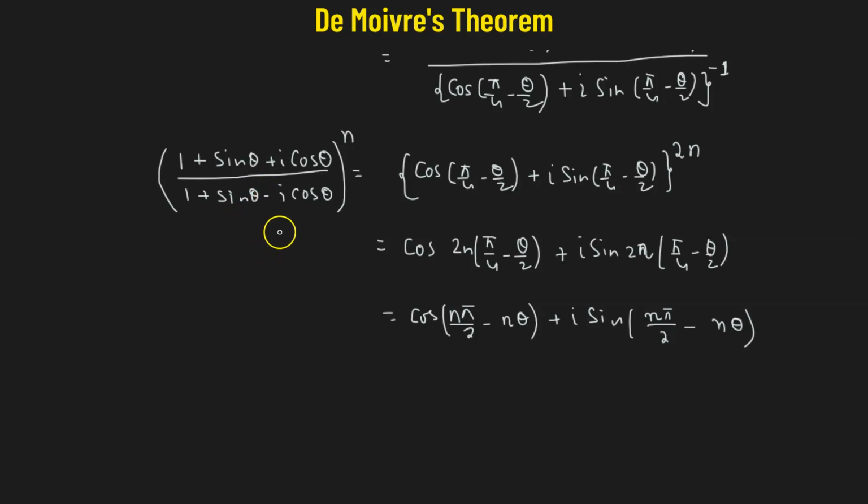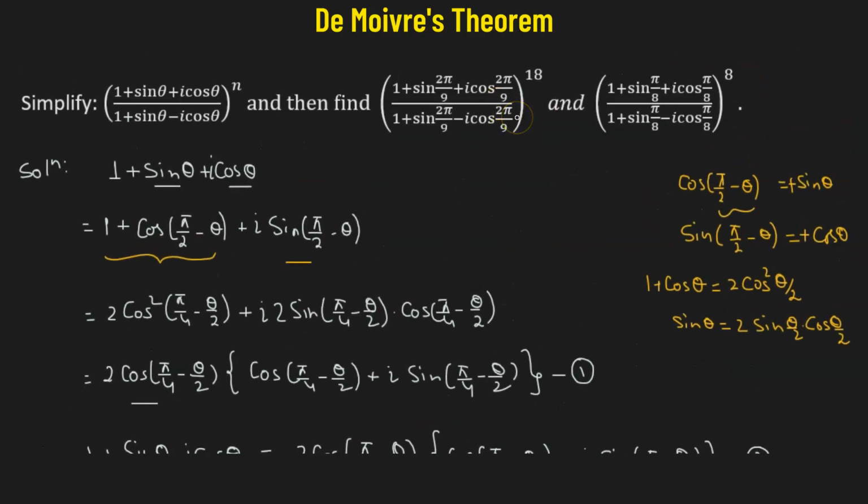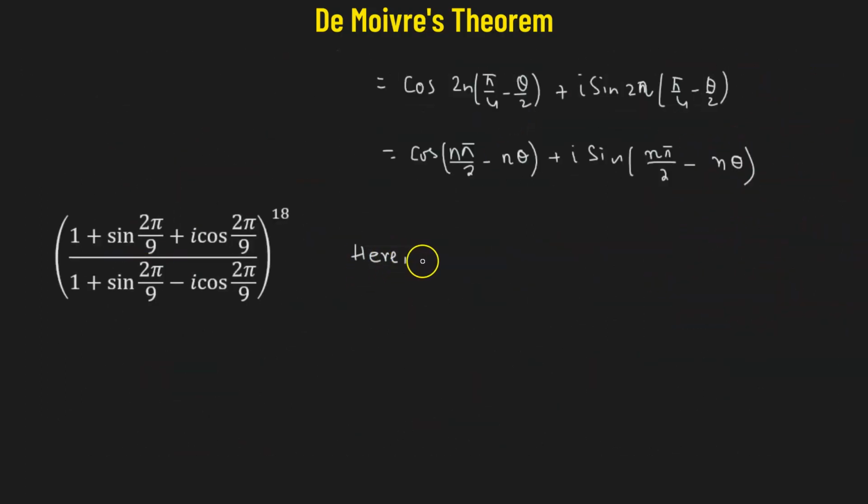Now that we have this particular expression, we will use it to obtain the value of the other two expressions. Let's do that. Here we have our theta, that's given by 2 pi over 9, and our n value, that's given as 18. So we'll substitute these values into this simplified expression.